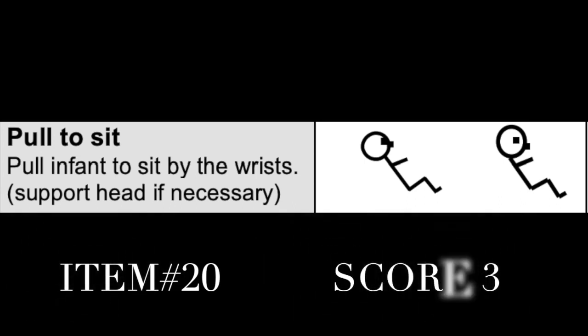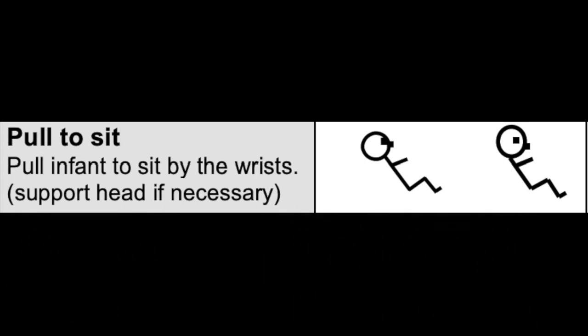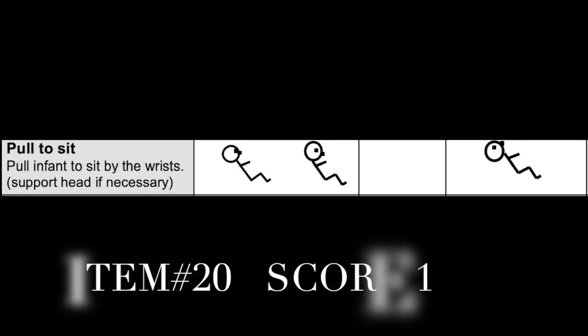Item 20. Pull to sit. Pull the infant to sit by the wrists. Support the head if necessary. Look at the pictures for score 3, for score 1, and for score 0.